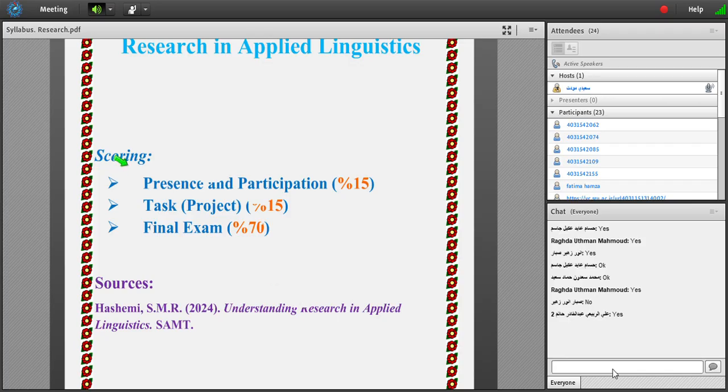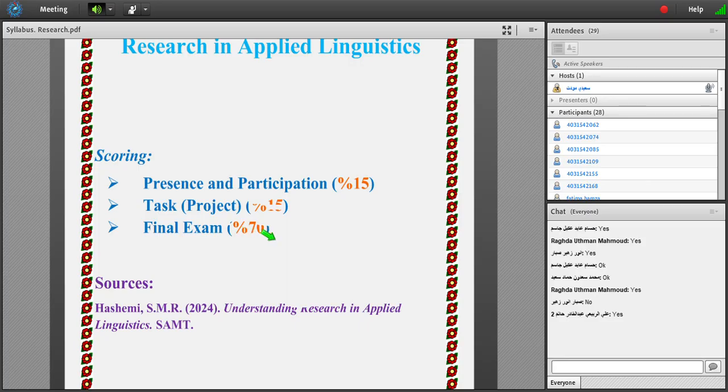The scoring would be like this: your presence in the class and your active participation, mostly in the chat box, when I ask you questions in the class, will have 50% of the score. Then I will give you a small project. It wouldn't take that much time. This is 15% of the score. And then we will have the final exam. This final exam is about 70%, which might include some online midterm exams as well.